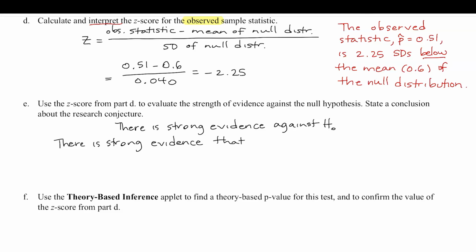that, and then we can write down the alternative hypothesis, the proportion of all students. And again, this is a statement about all the students, not the 148 students in the sample, but all the students at the school that live in the dorm is not 0.6.